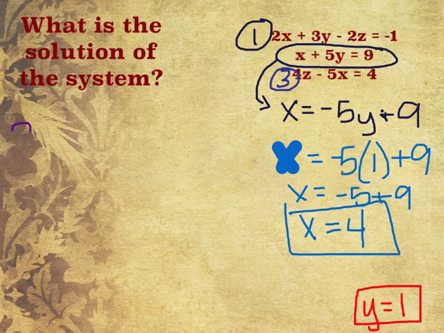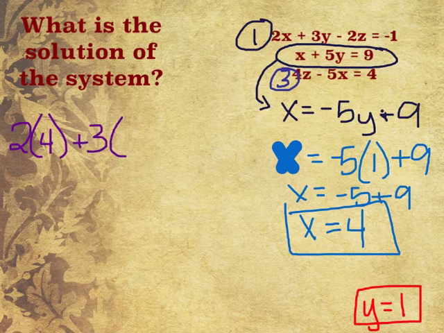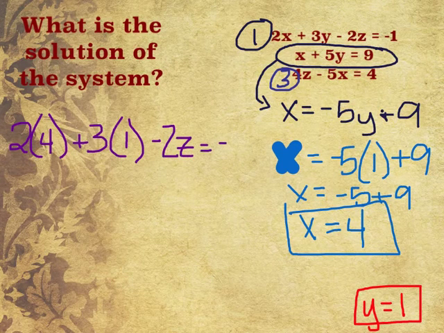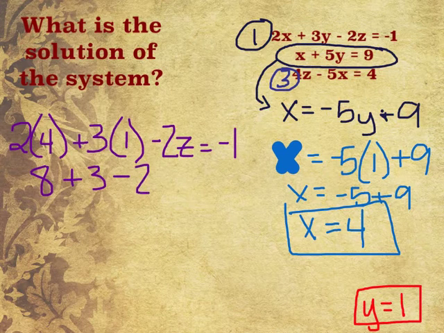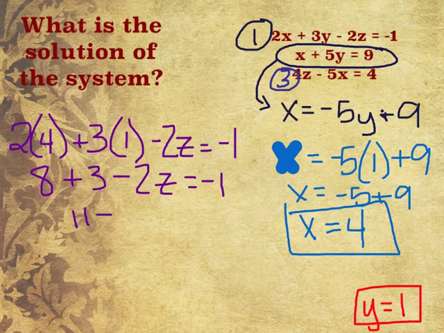So 2 times x, which we know is 4, plus 3 times y, which we know is 1, minus 2z equals negative 1. 8 plus 3 minus 2z equals negative 1. 11 minus 2z equals negative 1. We'll subtract 11 from each side.